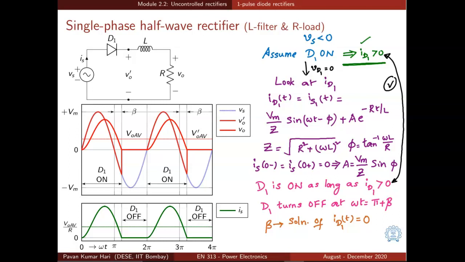Since the current through the diode is given by this particular expression, if this current is positive, then our assumption of the diode conducting even in the negative half cycle is correct. So D1 is on as long as ID1 is greater than 0, even in the negative half cycle, even when Vs is less than 0.